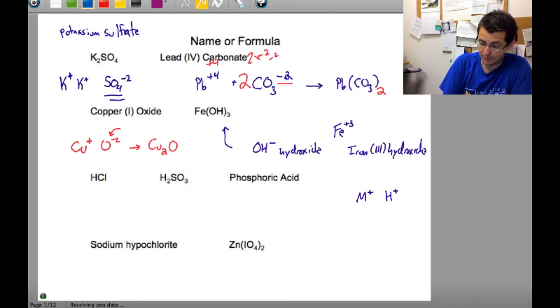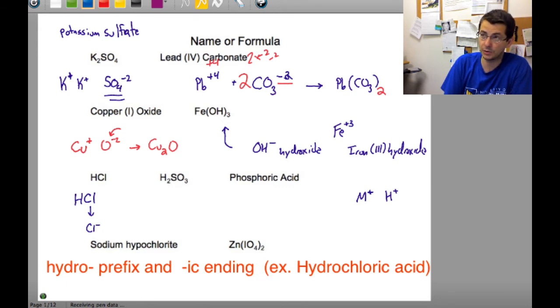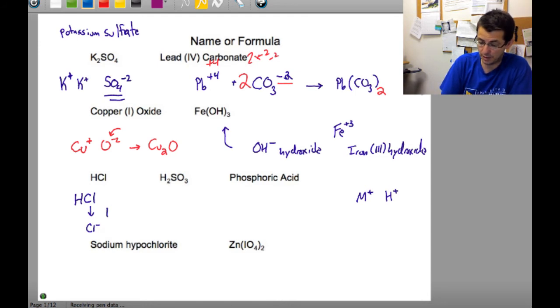Anions derived from the element in its typical state, such as Cl-, these get the prefix hydro and the ending ic. So this would be hydrochloric acid. So it gets the prefix hydro and the ending ic.